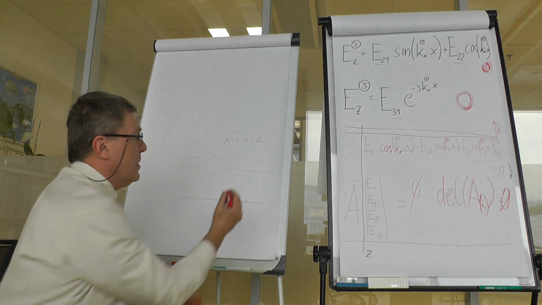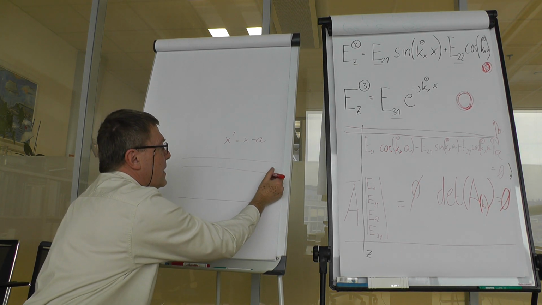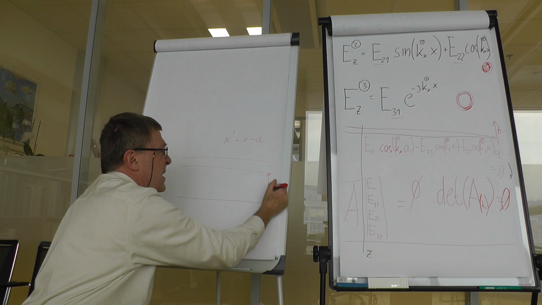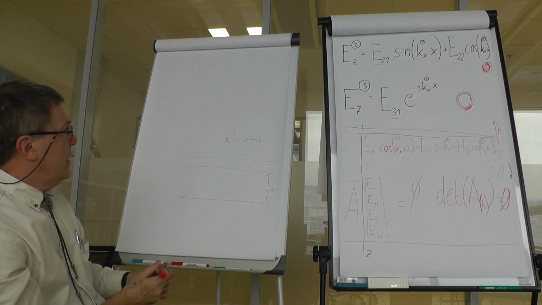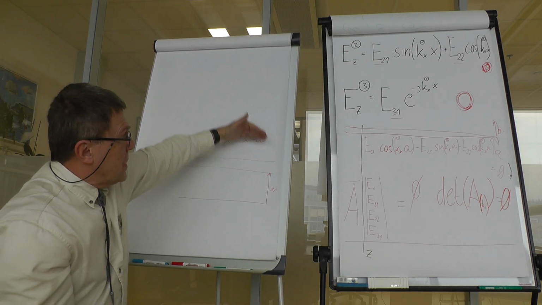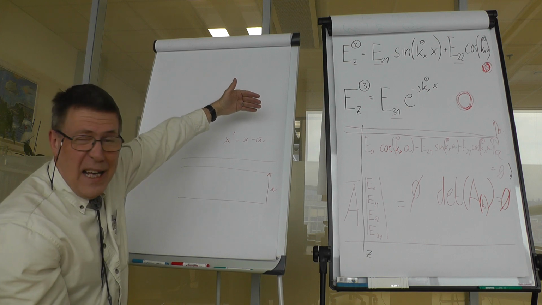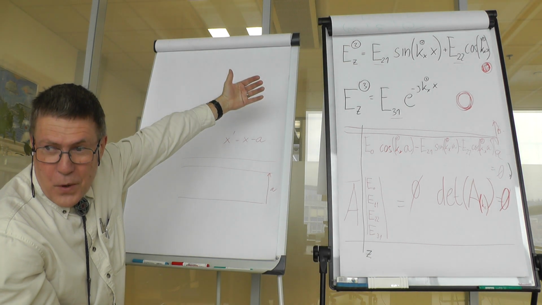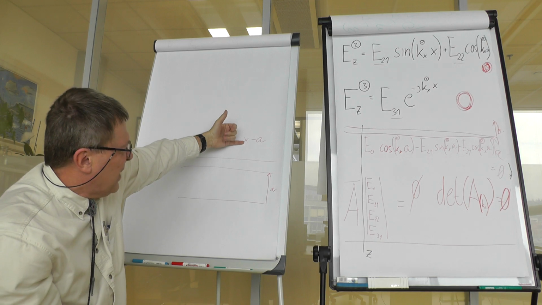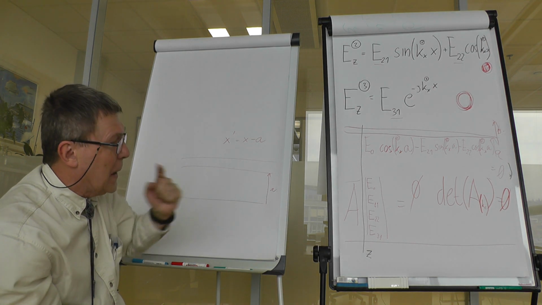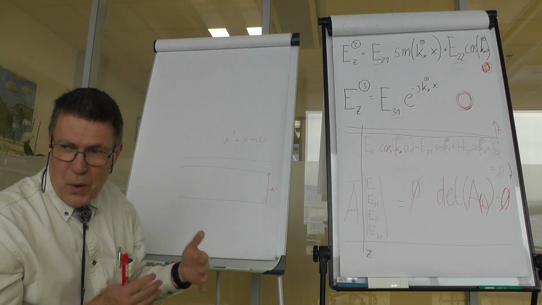And yes, just remember, this is on another sheet of paper, this distance was A. And of course, outside, you would make an x with two apostrophes, which is the real x minus the distance b. This would cure the problem mostly.